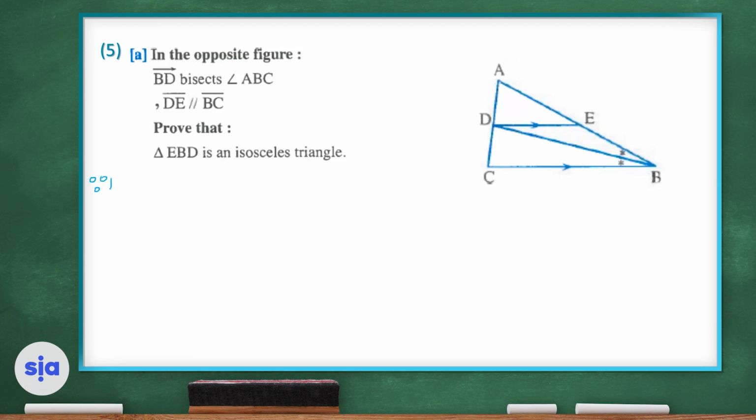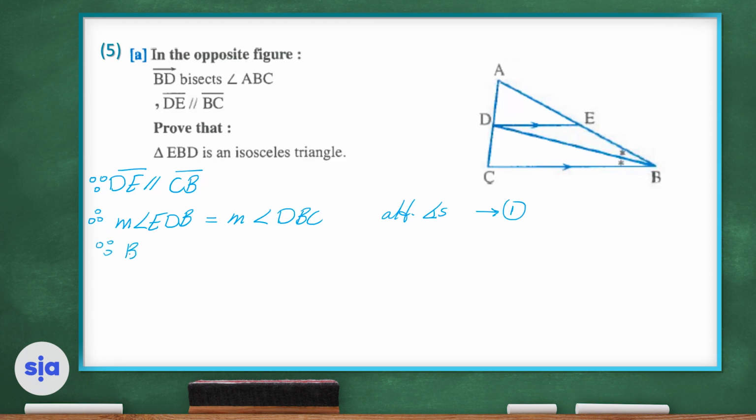Since DE is parallel to CB, therefore the measure of angle EDB is equal to the measure of angle DBC. Alternate angles. And we call this inequality number 1.